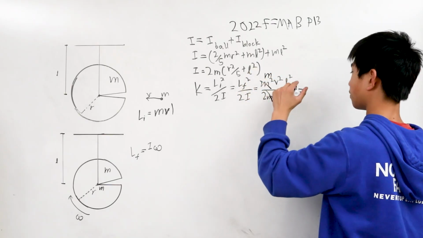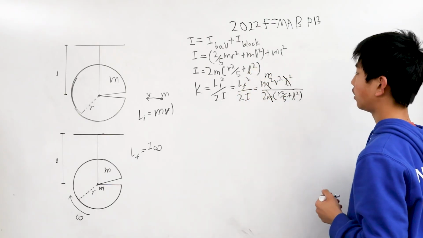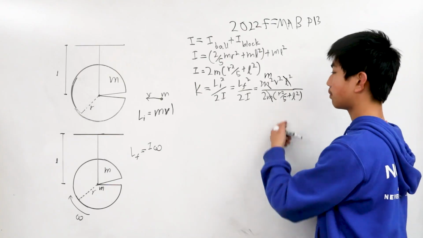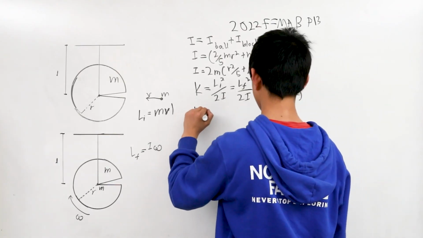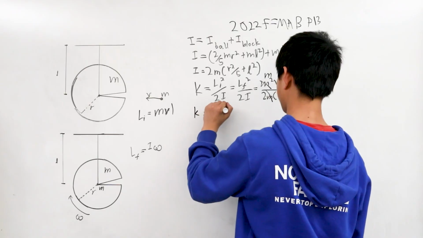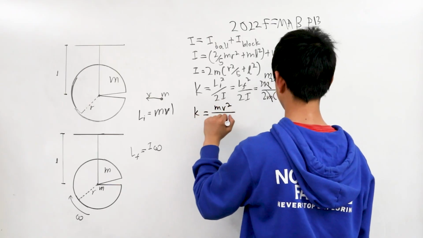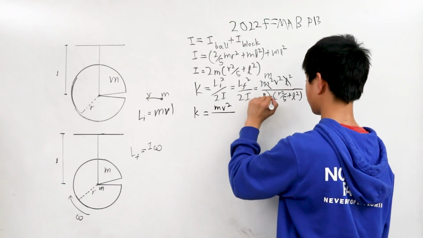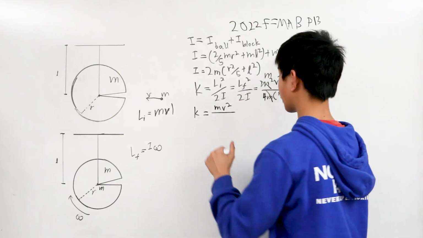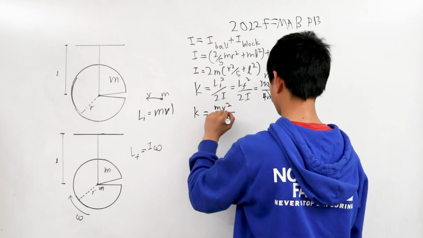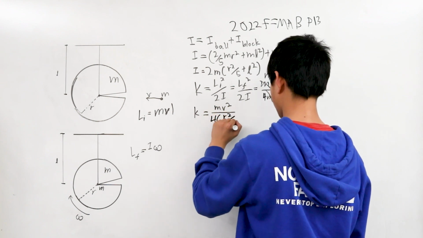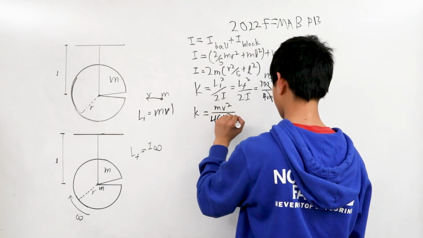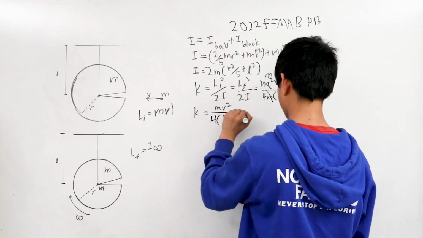This becomes an m, and then cross out the L. When you divide both sides by L, you get that K is equal to m v squared. And then the denominator, this is a 4, because 2 times 2 is 4. This becomes 4 times R squared over 5 L squared plus 1.